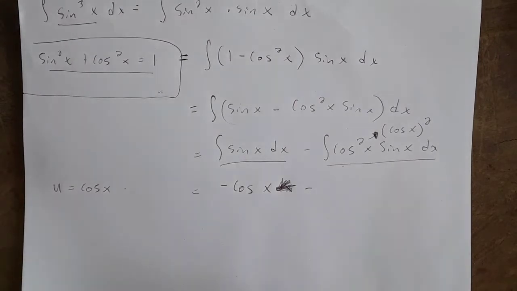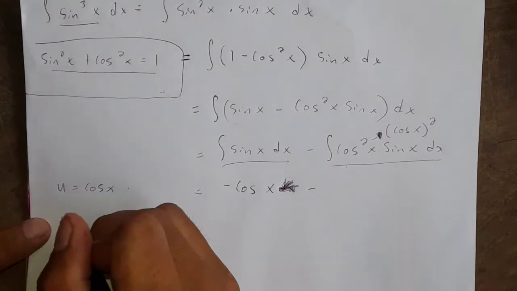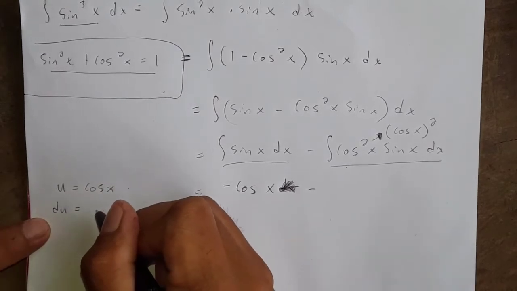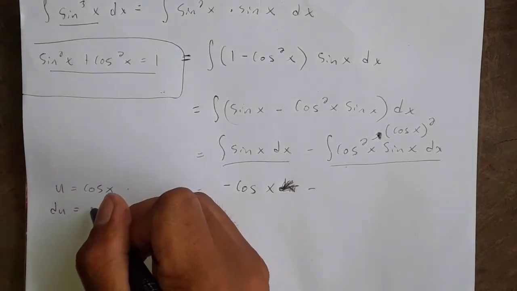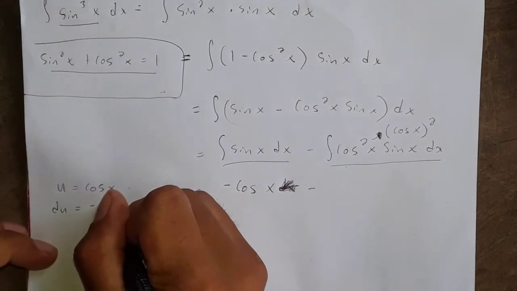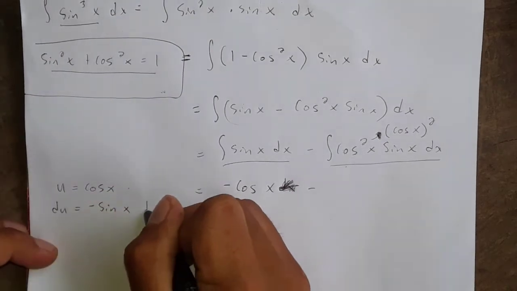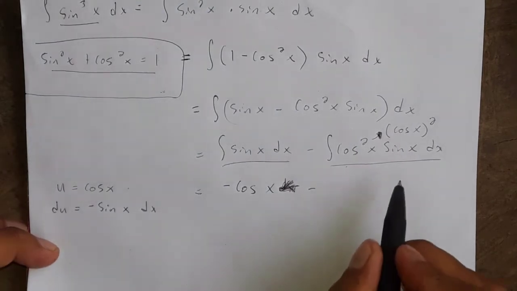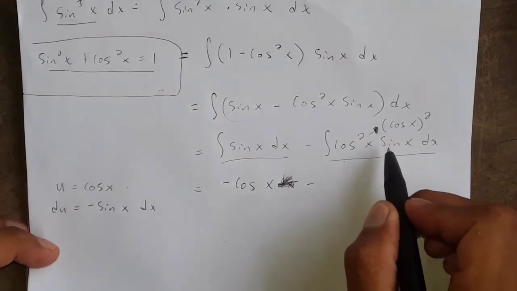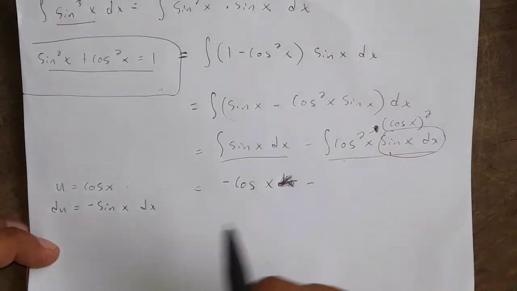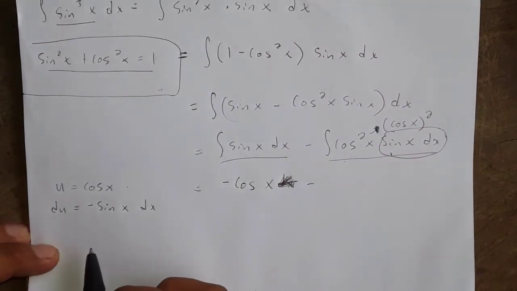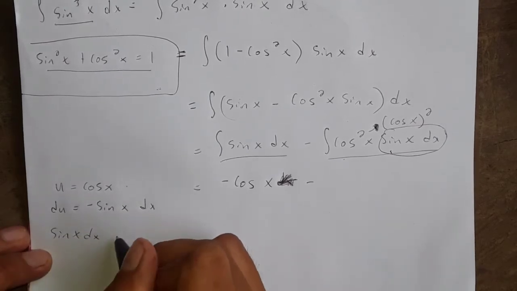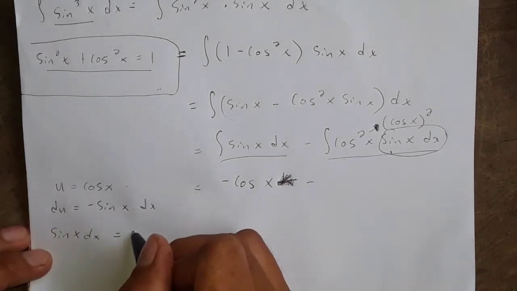Then by finding the derivative of our u, we have negative sine of x dx. As you can see here, we can change this to negative: sine x dx is simply equal to negative du.